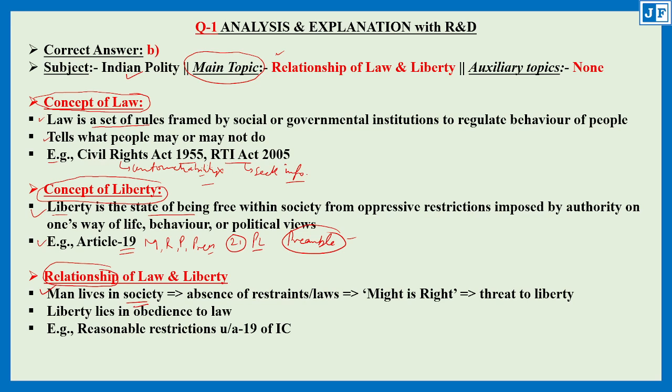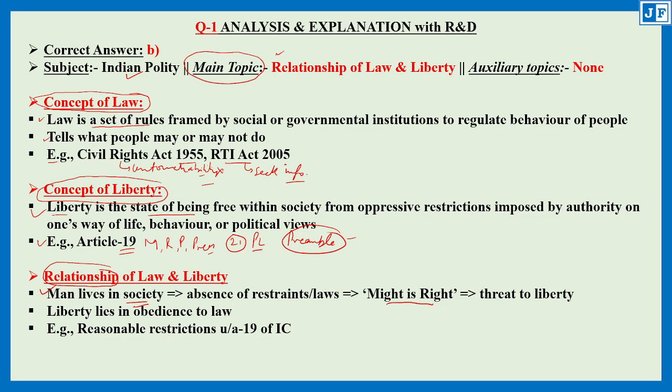So, in case there is absence of laws, absence of any restraints, then the philosophy of might is right will prevail. What is might is right? Might is right means the social system will run as per the whims and fancies of those in power, those who are strong and powerful, and the weak, poor will be suppressed and oppressed.